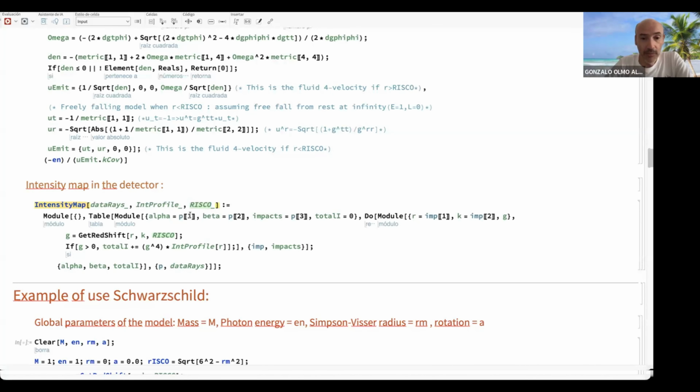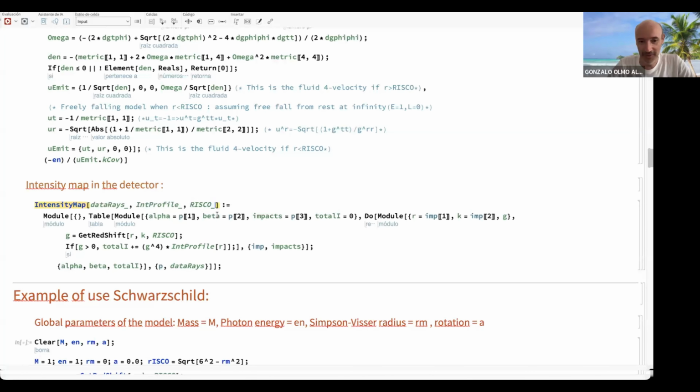Good. Depending on the model, you may need an independent function to compute the location of the ISCO. I don't remember if I am putting here correctly the definition of the ISCO, but it should be correct for the non-rotating case. But I'm not sure if it is really correct for any Kerr black bounce. But this is a minimal incompleteness of the code.